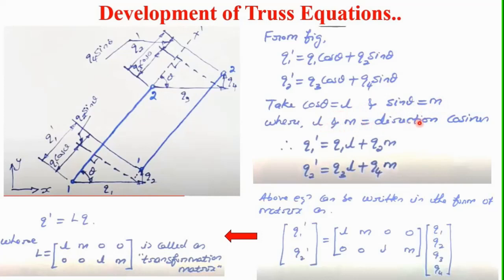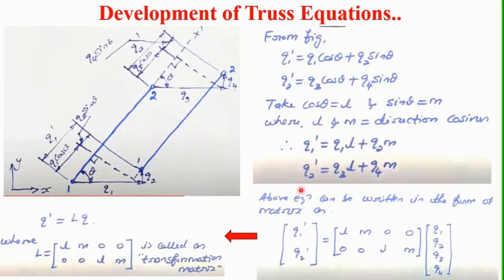So these equations will be q1 dash is equal to q1 into l plus q2 into m, and similarly q2 dash is equal to q3 into l plus q4 into m. These are the two equations.